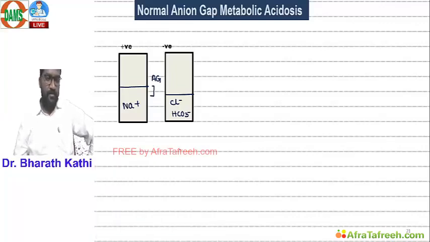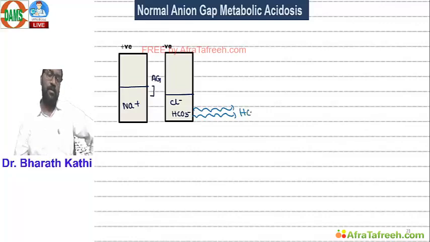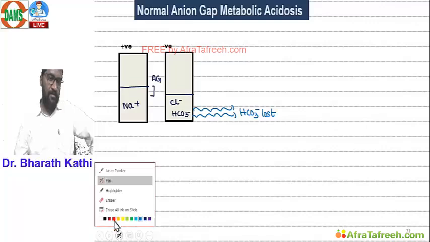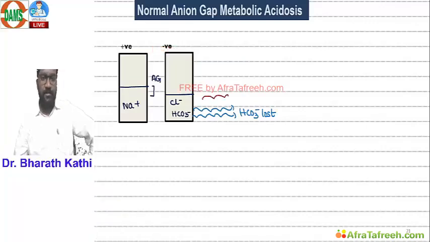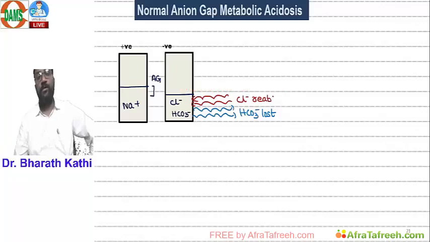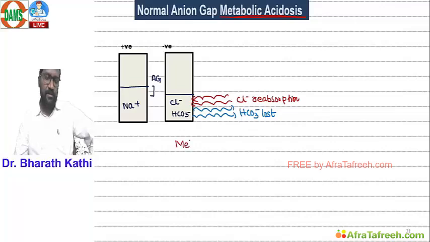Because of some disease, bicarbonate is lost excessively from your body. For whatever reason bicarbonate is lost, your kidneys will take back equal amounts of chloride in return. Because bicarbonate is lost, it is metabolic acidosis.